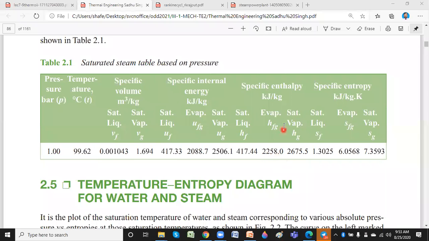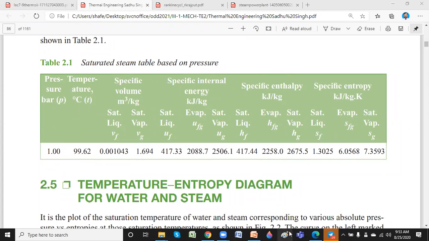You just add 2258 to 417, it's nothing but 2675. I hope you understood. Similarly here also 6.05 plus 1.3 is nothing but 7.3. So this combination is the last line. This is how our properties will be available.